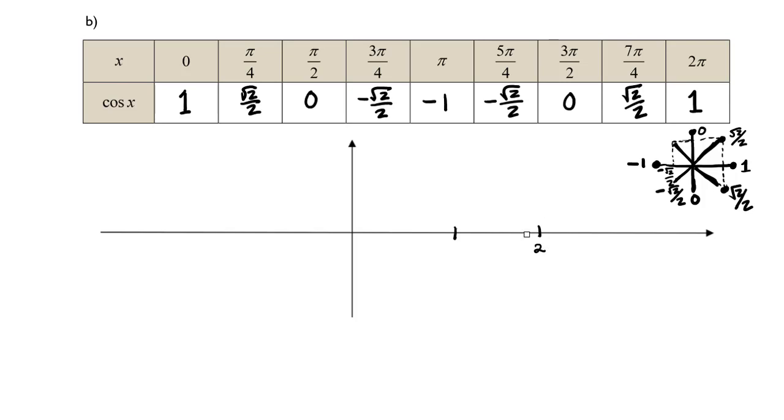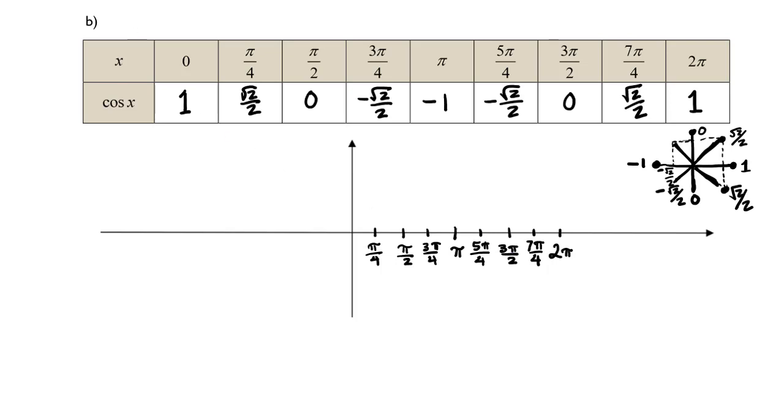I'll label this as 2 pi. Half of that is pi. Half of that is pi over 2 and 3 pi over 2. Breaking it down even further, splitting all those into halves, I will have pi over 4, 3 pi over 4, 5 pi over 4, and 7 pi over 4.